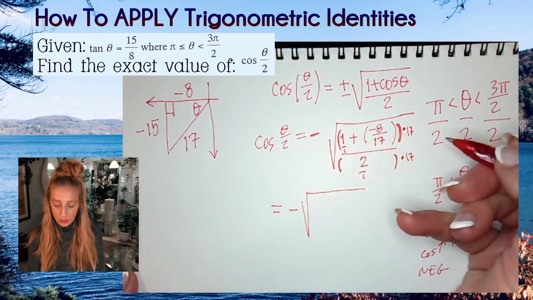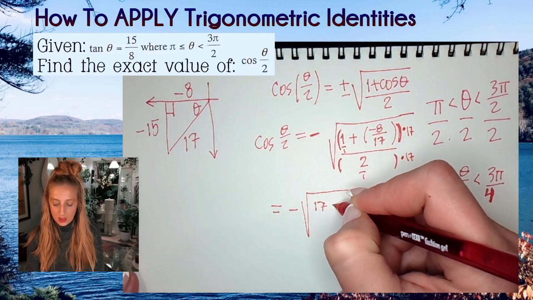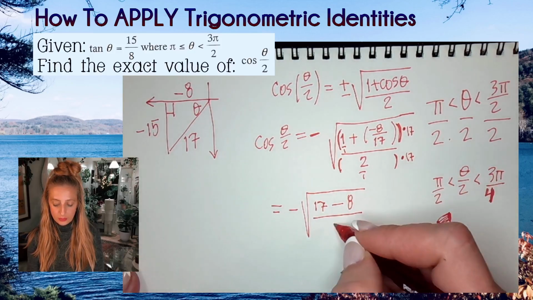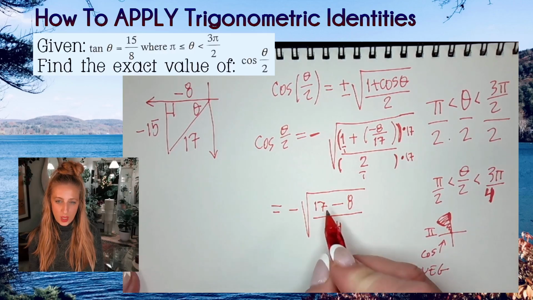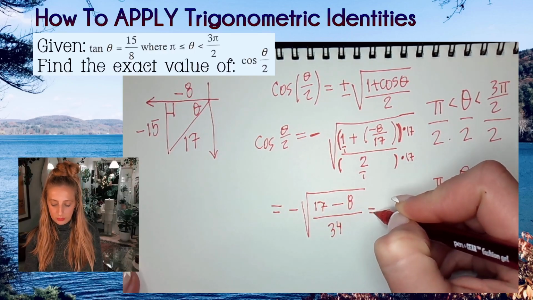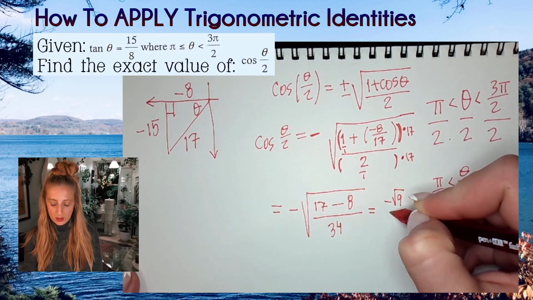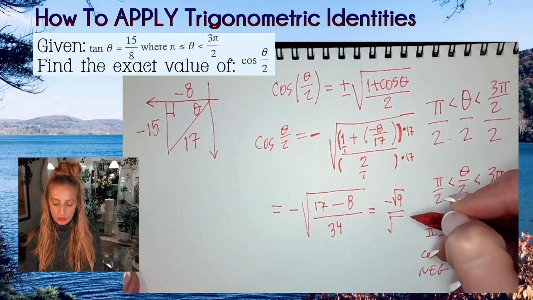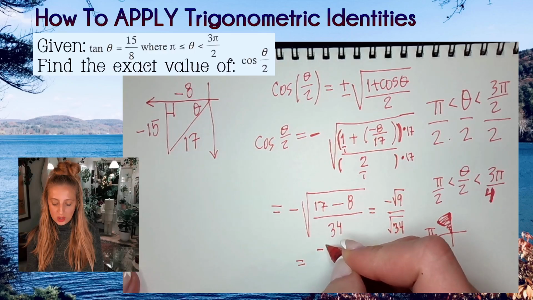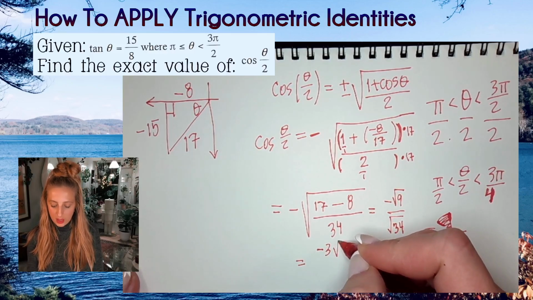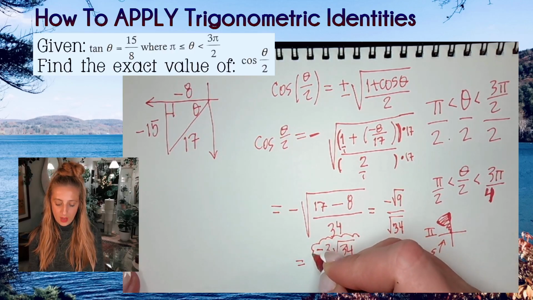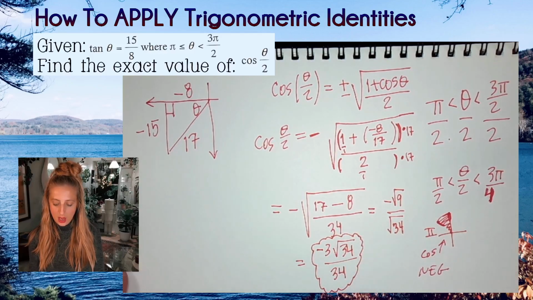Negative square root of 17 minus 8 over 34. 17 minus 8 is 9. Negative square root 9 over square root 34, which is negative 3, rationalized in our heads because we're so smart, root 34 over 34. And there you have it.